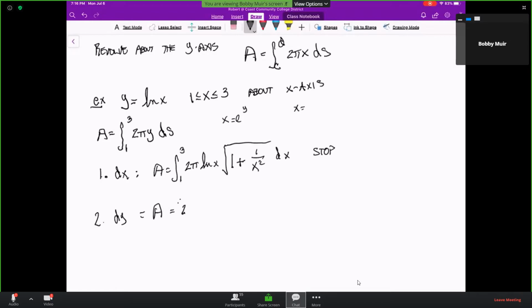When x is 3, y is the natural log of 3. Okay, well, anyways, so if I want to do a dy integral, I'm going to have to go from 0 to the natural log of 3, 2 pi. Now, the y just stays there, okay? And then you don't put it back in. 1 plus the derivative squared, and then dy.